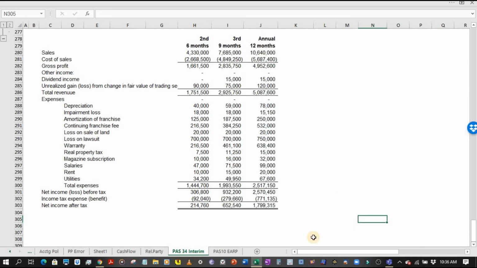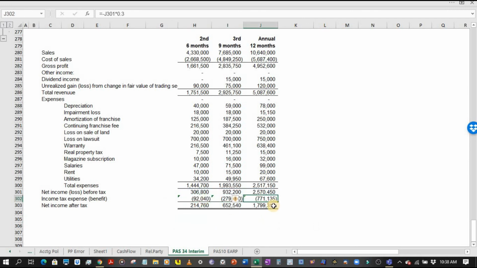So again, if there are changes in the income tax rate during the current year and it will affect the whole accounting period, the best way to compute the income tax expense is to compute the net income before tax on a cumulative basis because we need to compute the income tax expense of the entity for the whole accounting period. So since we have no changes in the income tax rate, this income tax expense is simply 30% of the NIBT.